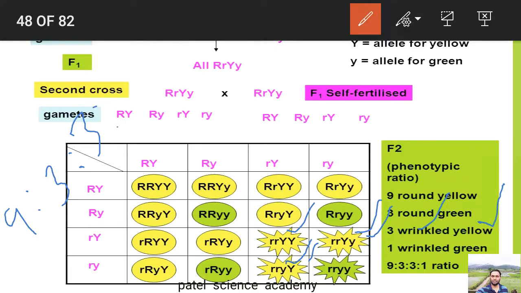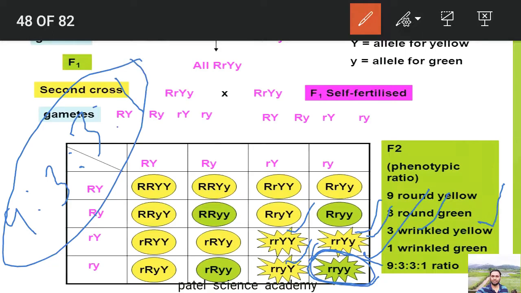And only one, that is the 16th result, is having all recessive characters, small r, small y, means this is only one result and this is pure dwarf. So likewise this is the phenotypic ratio 9:3:3:1.